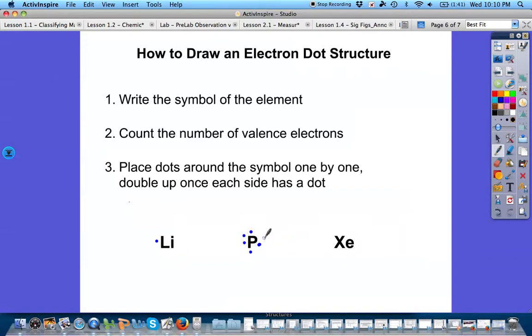And then for xenon, it has 8 valence electrons. So 1, 2, 3, 4, 5, 6, 7, 8. So it kind of makes this box around the element.